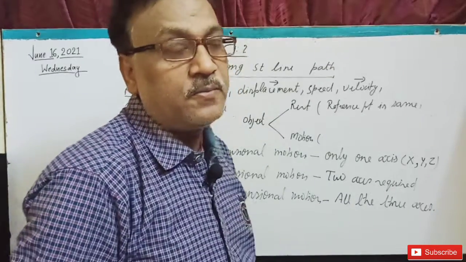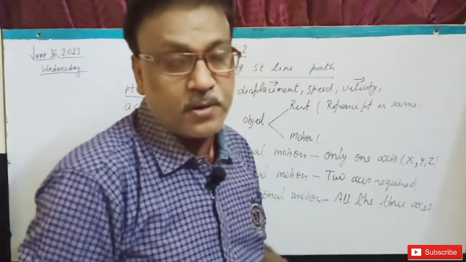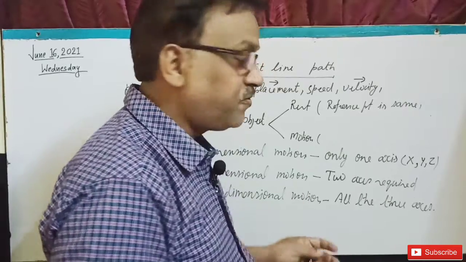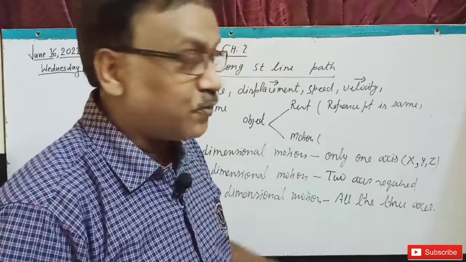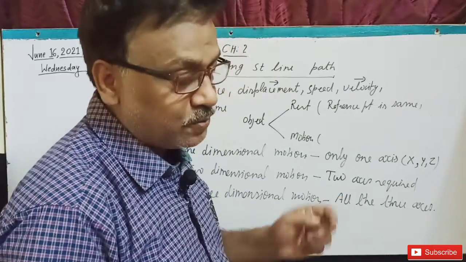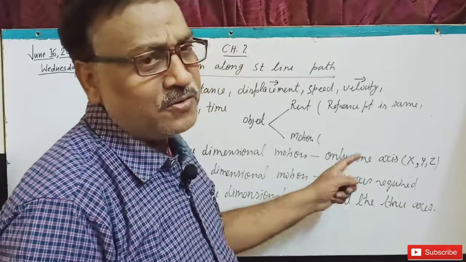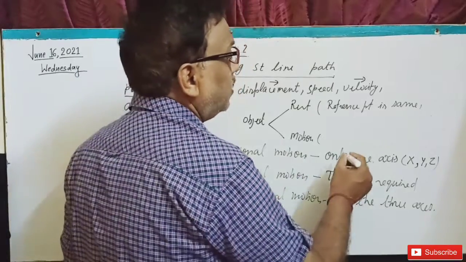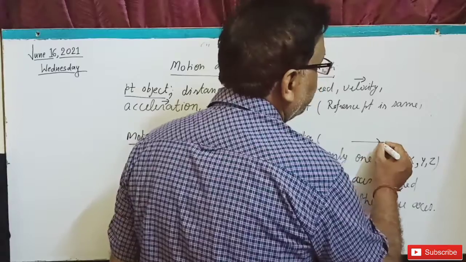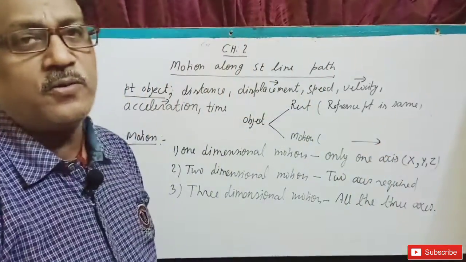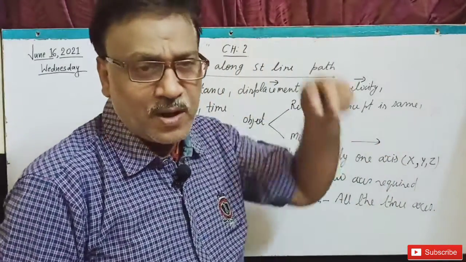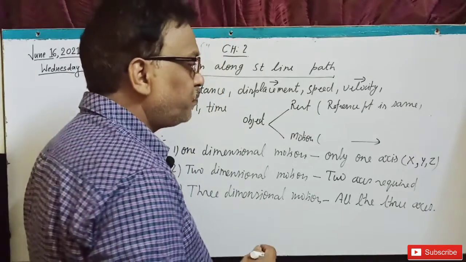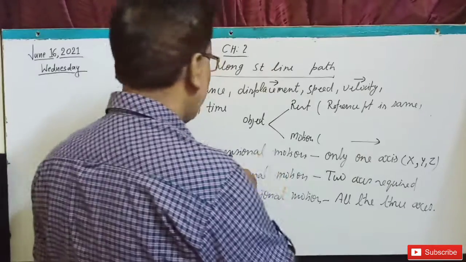Sometimes it is very difficult to differentiate which type of motion is one-dimensional or two-dimensional. One-dimensional is very easy, as when we move along a road or the motion along a gravitational path, that is one-dimensional motion.